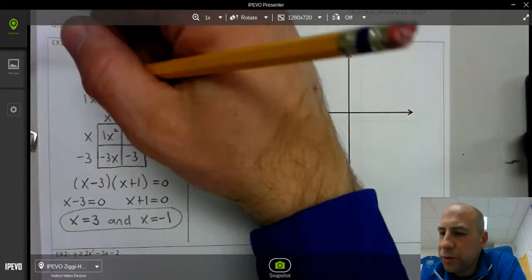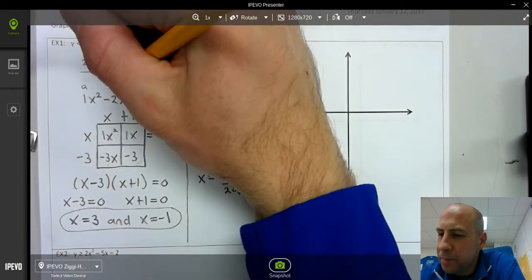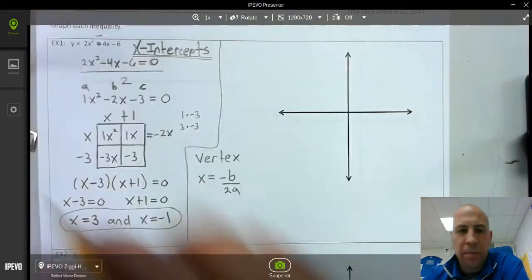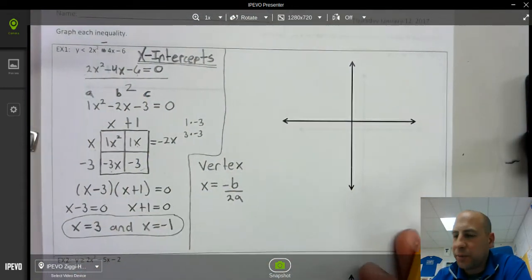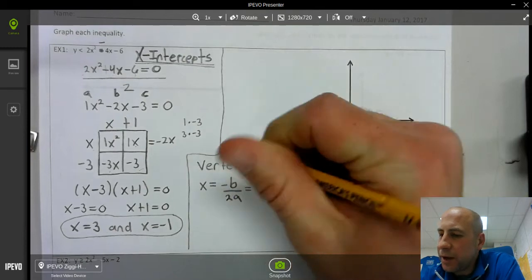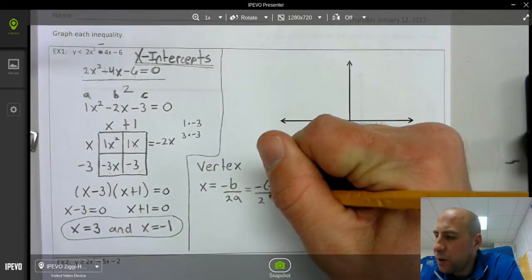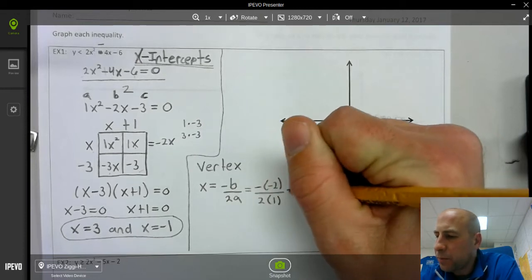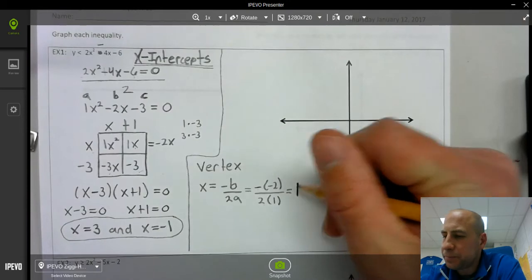So we're actually going to use this formula, a, b, and c. You could technically use 2, -4, -6, but these are reduced numbers, which makes it a little bit easier. So it's negative b, which is -2 divided by 2 times a, which is 1, which negative times negative is a positive 2 divided by 2 is 1.